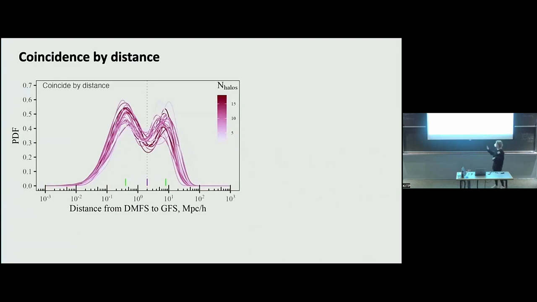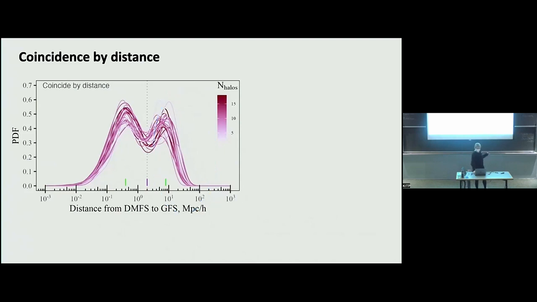Each line represents one cube, and we see that this distribution shows bimodality, and it definitely means that the first mode shows the fraction of the dark matter filaments which are coupled with galaxy filaments. And the second mode shows the dark matter filaments which cannot be detected by the distribution of galaxies more massive than 10^9.